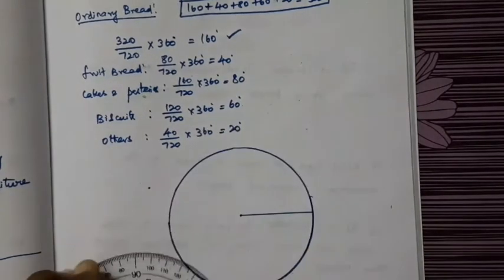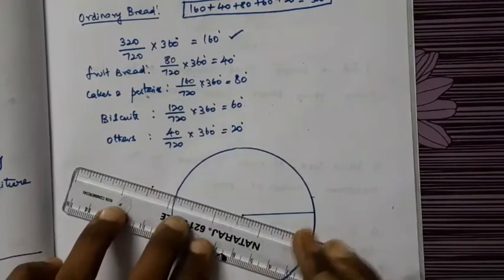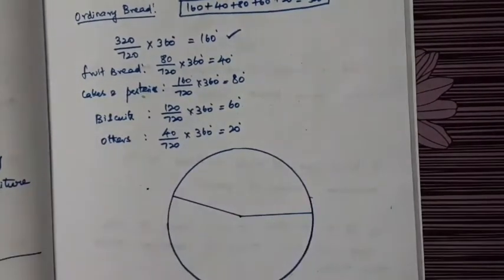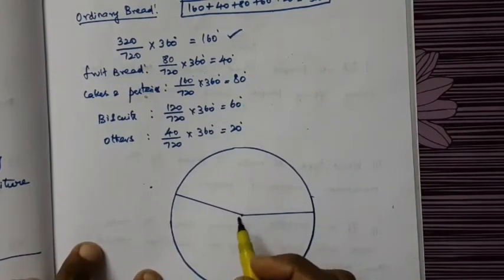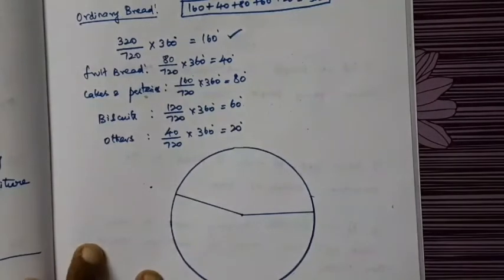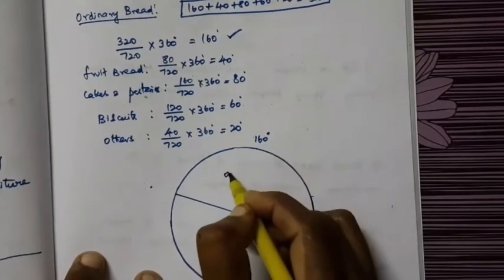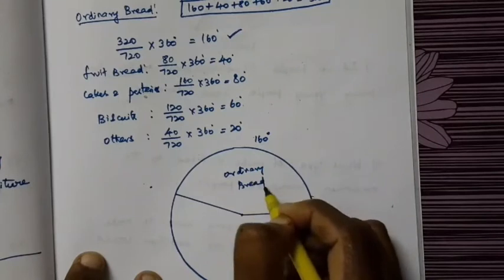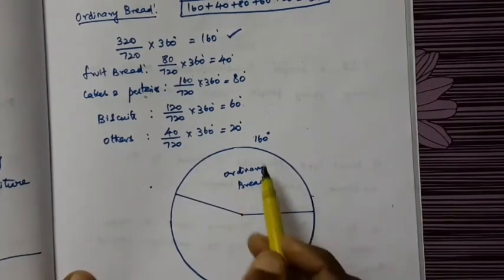Mark like this and join. Like this. Okay. This angle is 160 degree. So that is for ordinary bread. So here I can mark 160 degree. This is ordinary bread. Okay, from here to here is 160 degree.